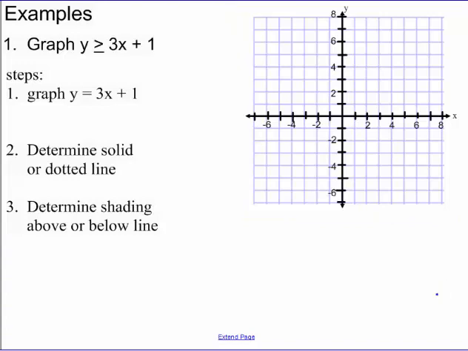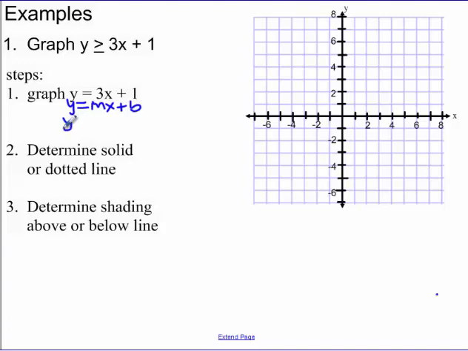We want to graph y is greater than or equal to 3x plus 1. The first thing we want to do is graph the equation y equals 3x plus 1. It's in the format y equals mx plus b, so we can identify our slope and our y-intercept.